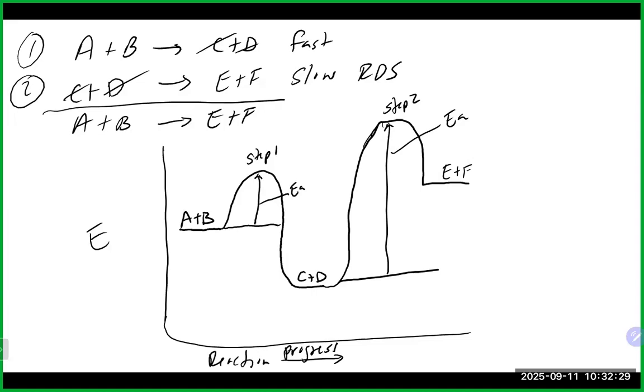Am I exaggerated just up there? Which one has the greater activation energy? Step two. And that makes sense because step two is the slow step, so it's going to take longer to get up that hill. So obviously, if it was reversed, for example, if the first step was the slow step, and you were to draw something like this, the first step should have a bigger activation energy than the second step.